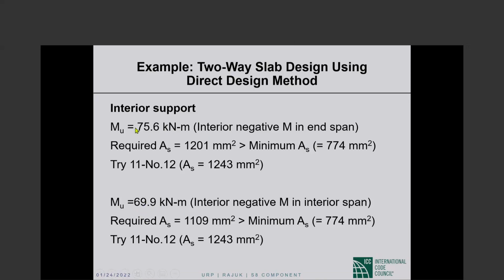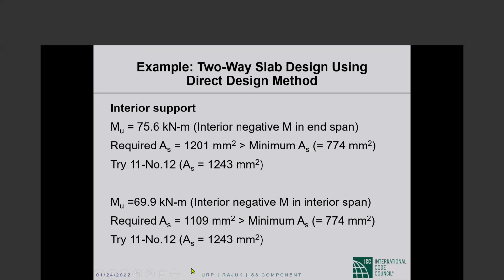Anyway, the 75.6 kilonewton meters requires 1201 square millimeters of reinforcement. That is more than minimum. That requires 11 number 12 bars. And the 69.9 kilonewton meters of negative moment requires 1109 square millimeters, but we will provide the same 11 number 12.